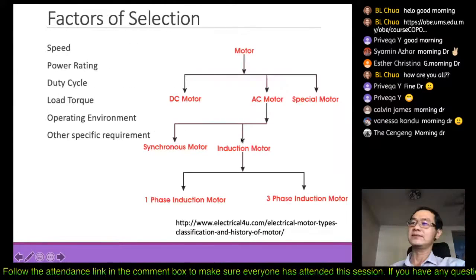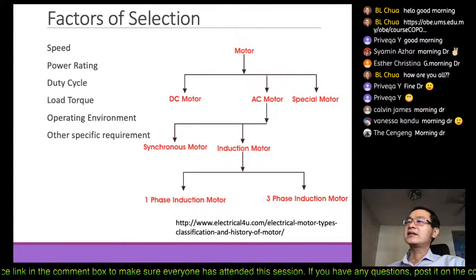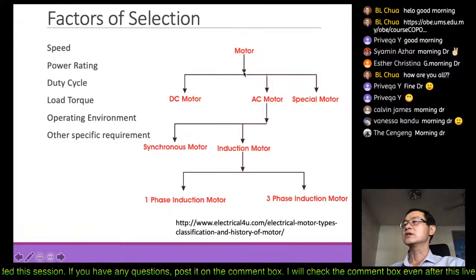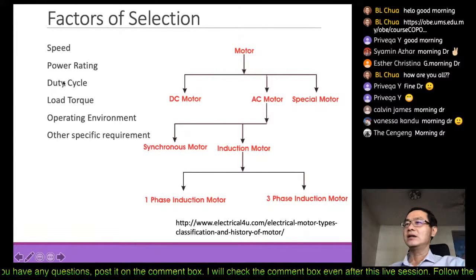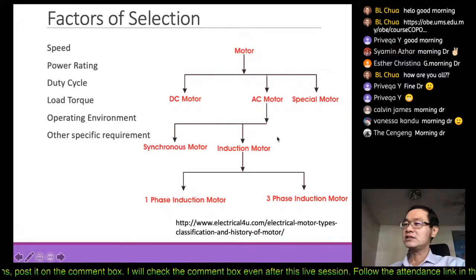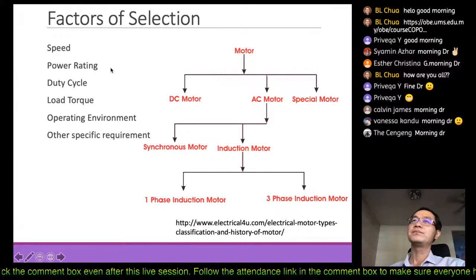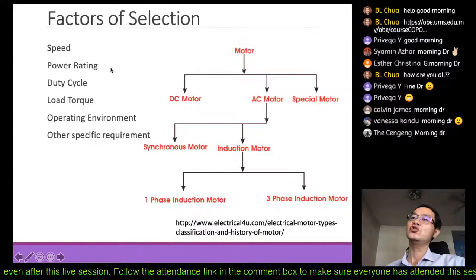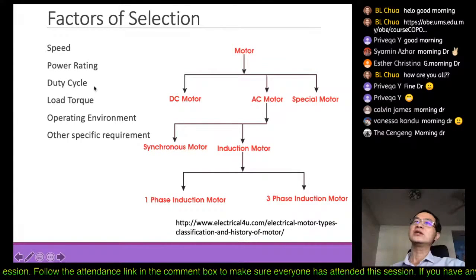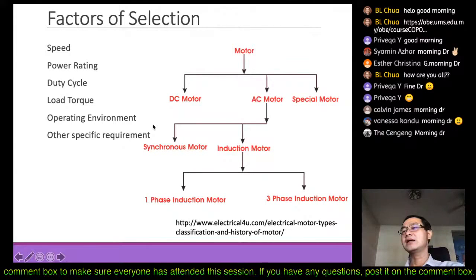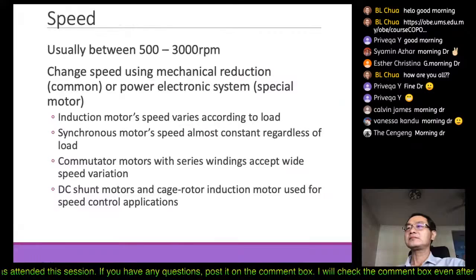The factors of selection can vary, and all this depends on speed, power rating, the power that you intend to use according to your load, then duty cycle, load torque, operating environment, and other specific requirements.